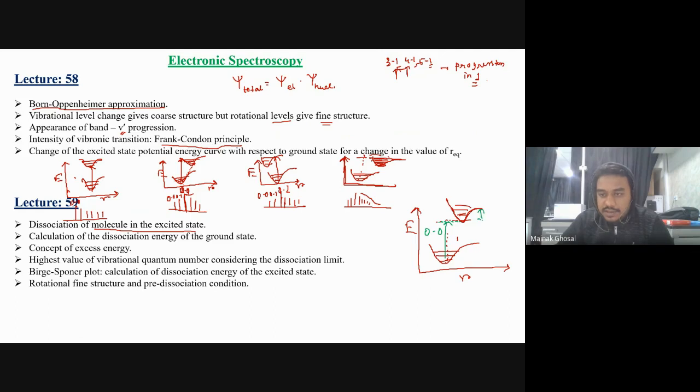This is the dissociation energy, you know it, for the excited state, D0 prime. And this is the zero point energy. This is the dissociation energy for the ground state.